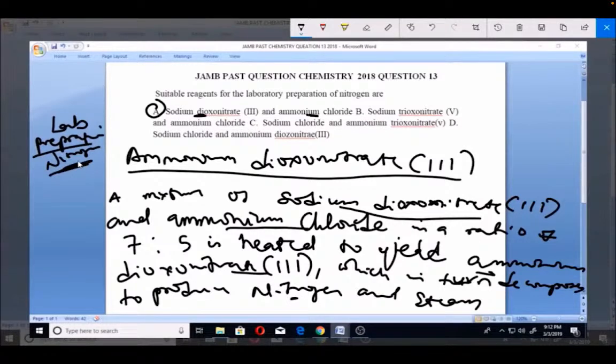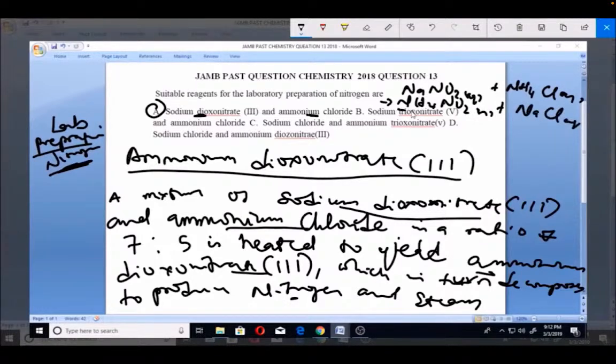In terms of equation, you can have sodium dioxonitrate 3, aqueous, reacting with ammonium chloride, also aqueous, to form ammonium dioxonitrate 3, aqueous, and sodium chloride, also aqueous.